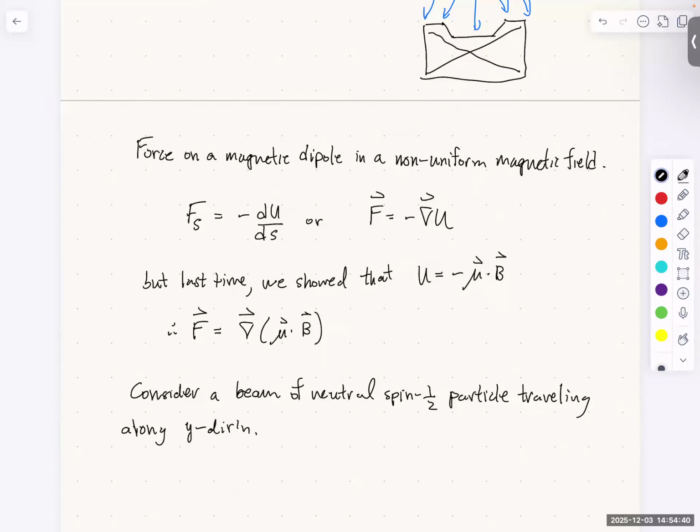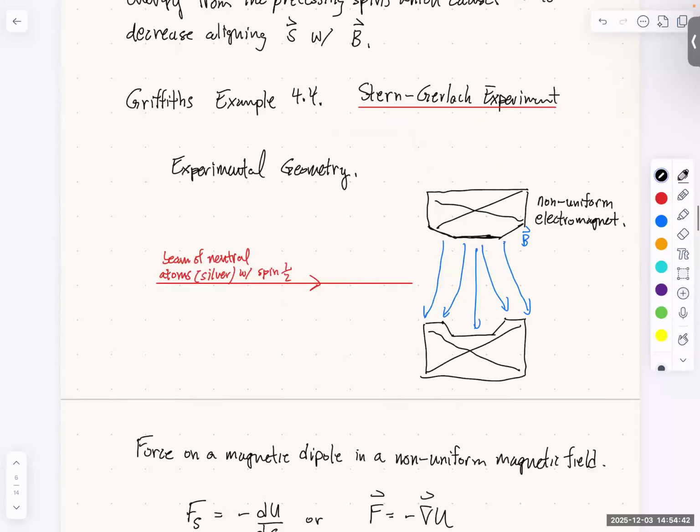I said we would add some stuff to our picture, so let's do that. I'm going to make this the y direction, and then this will be our z direction. So our field is going to have a strong component along the z direction, and then we'll have our x direction as being perpendicular to the screen.